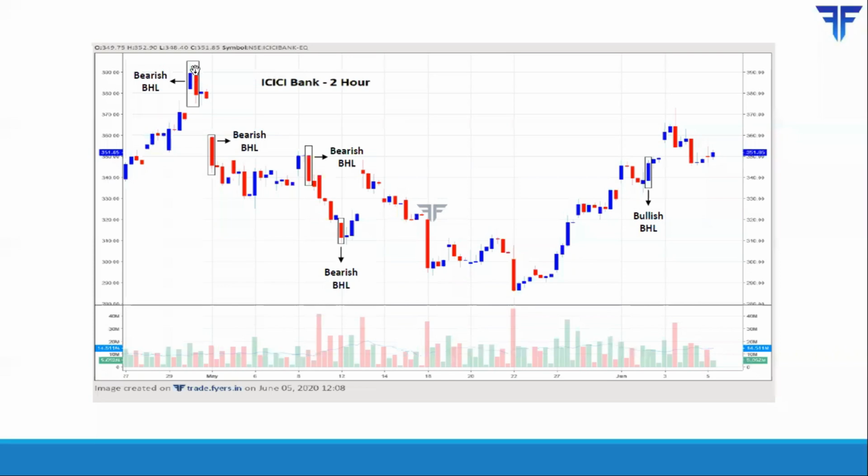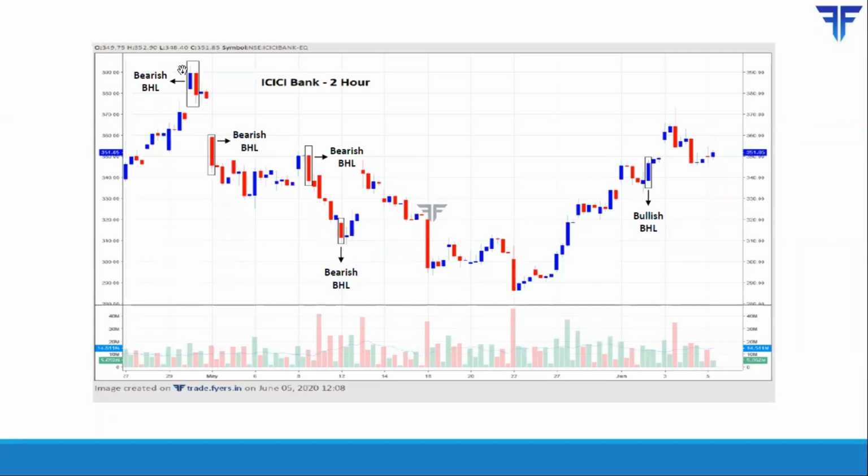But this pattern is not worth acting upon because, as I said, a bullish belt hold line is a bullish reversal pattern that appears after a downtrend. But in the case of this particular candle, the first of the two candles, the bullish belt hold line is appearing after a rally. So that's not a pattern to be acted upon.